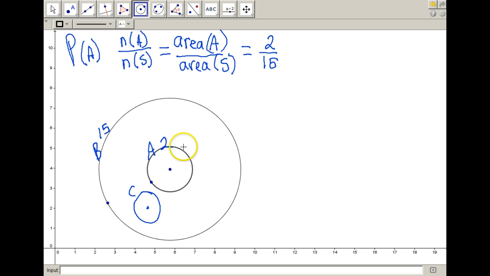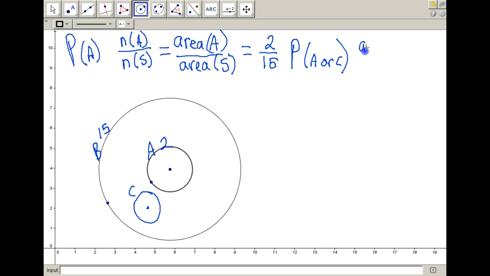Now I'm going to confuse things a little bit, because I'm going to add in circle C. What if I said, you win if you get, maybe this is dropping a penny into a fountain, and right here in the well is a bucket, and here is another bucket, and you win a prize if your penny falls into either of these buckets. Then what would be the probability of getting it into A or C? What is the probability you got it into either one?